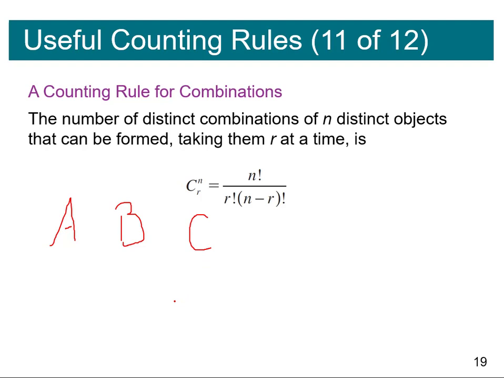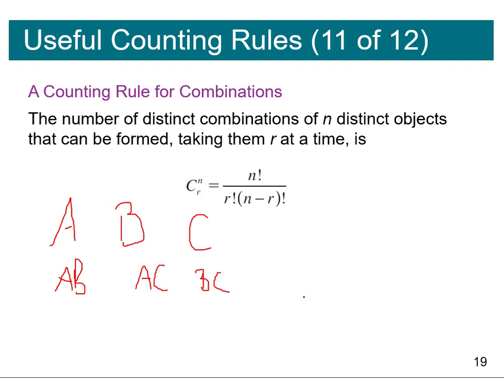Now, let's say we could choose A and B, we can choose A and C, or we can choose B and C. If we don't care what order we put them in, then there's just 3 ways to do this. So we'd say there are 3 combinations.